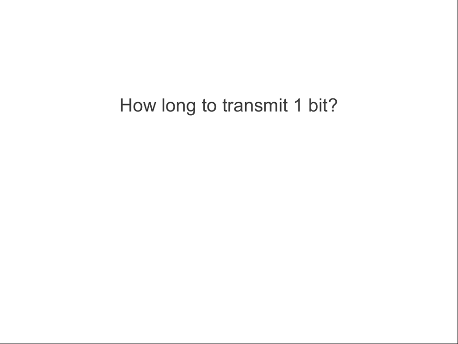Therefore, 1 bit will take 1 divided by 500,000 seconds, which is 2 by 10 to the minus 5 seconds, which is it? 2 by 10 to the minus 6, I think.